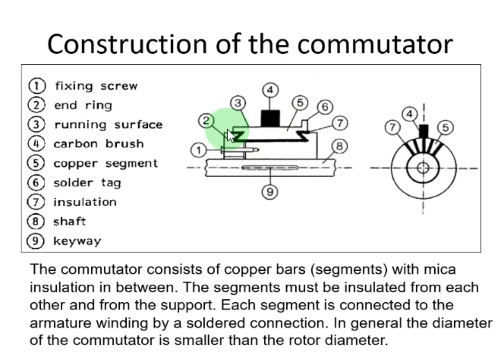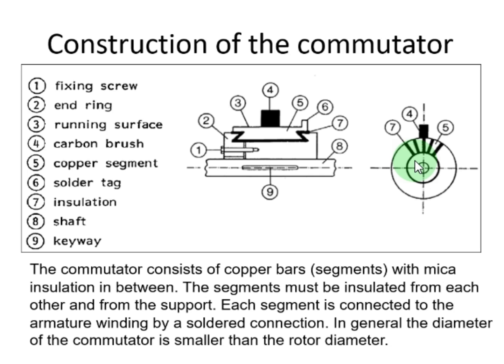So these are metal strips connected onto the shaft, right? Basically the commutator consists of copper bars or segments with mica insulation in between. So this is called the mica insulation. The segments must be insulated from each other and from the support as well. So two segments here are insulated, and also it is insulated from the shaft as well.